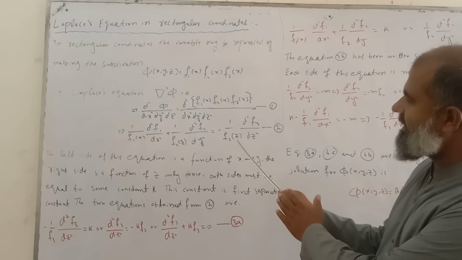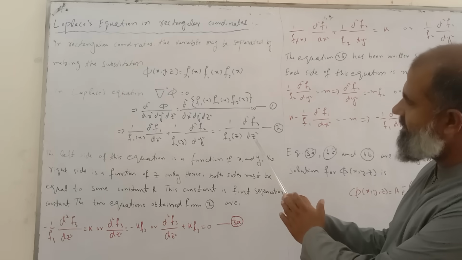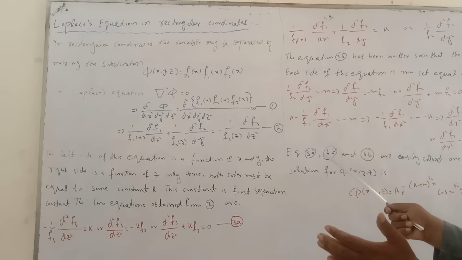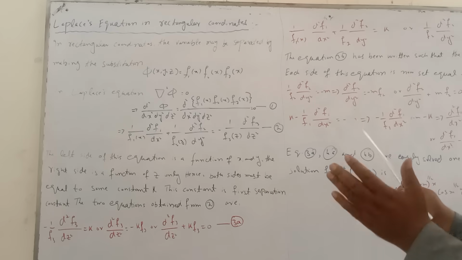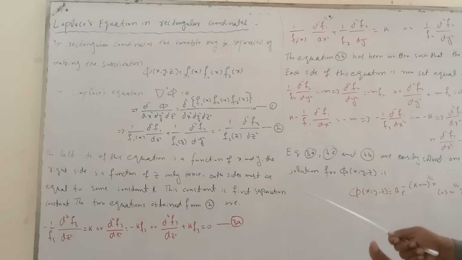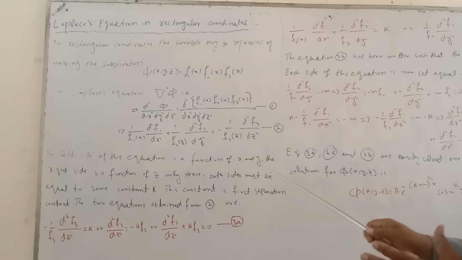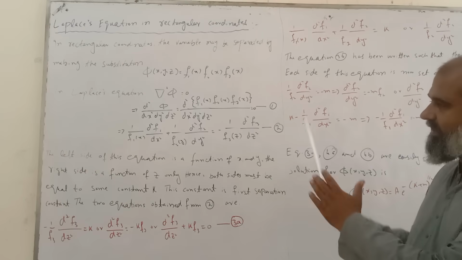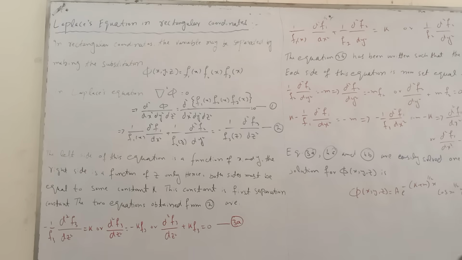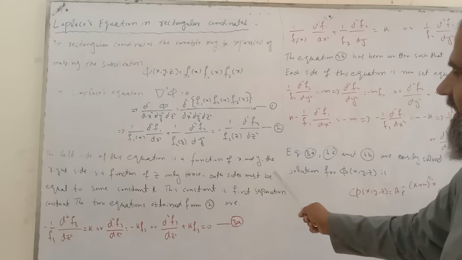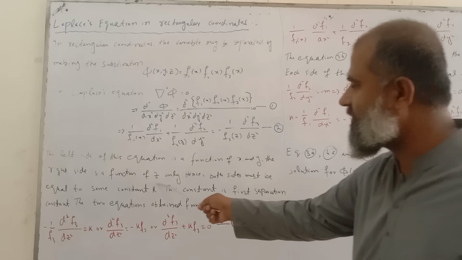Basically, this was on the left hand side, and the sum of the whole equation after taking the derivative was equal to 0. So we just brought the z component to the right hand side. The left side of this equation is a function of x and y, and the right hand side is a function of z only.